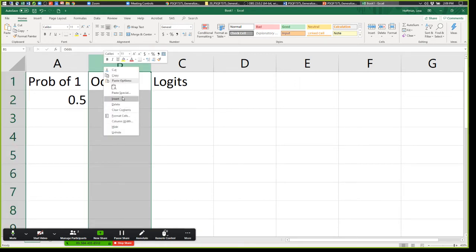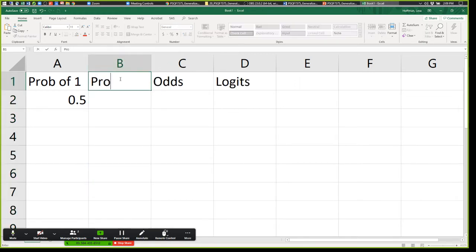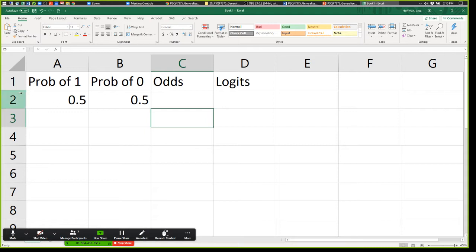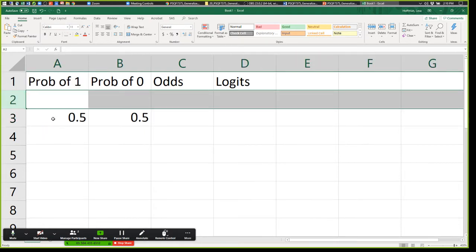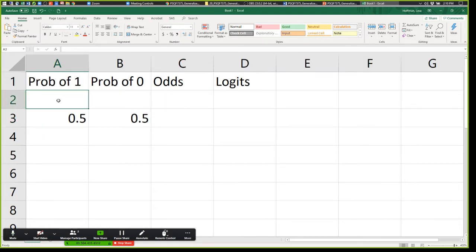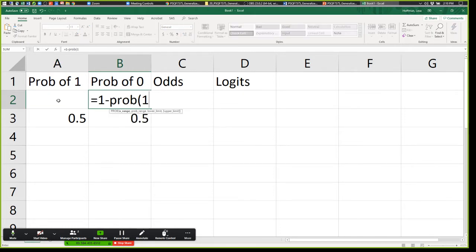I'm going to insert a new column here. This is a probability of 0 instead, which is 1 minus the probability of a 1, right? I only need to know one of these things. I'm going to insert the formulas as words so that we can keep track of that. Equals 1 minus prob of 1.